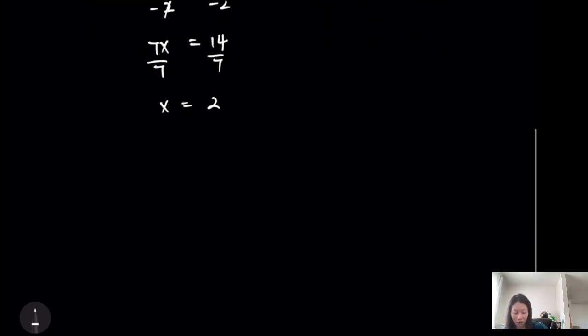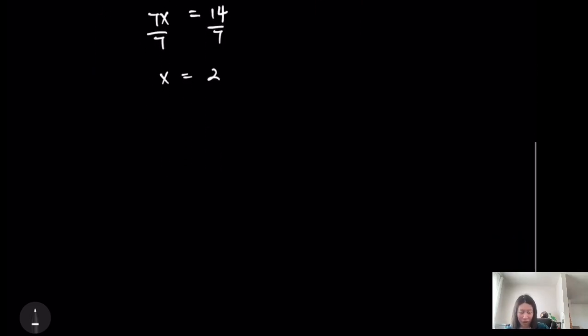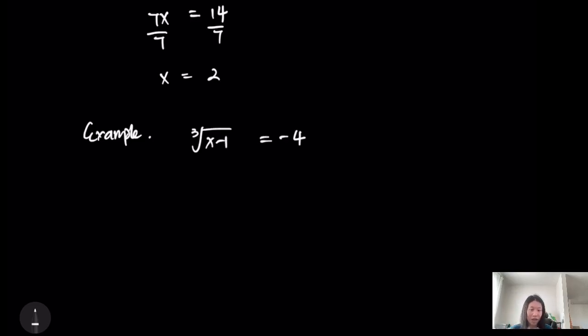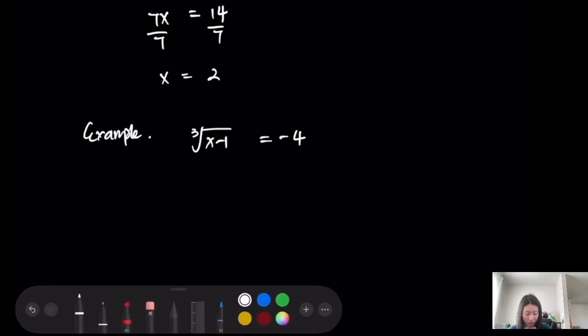Now, what if this is not a square root, it's a cubic root? If you see a cubic root, the idea is the same. You need to raise the power to the third power on both sides.